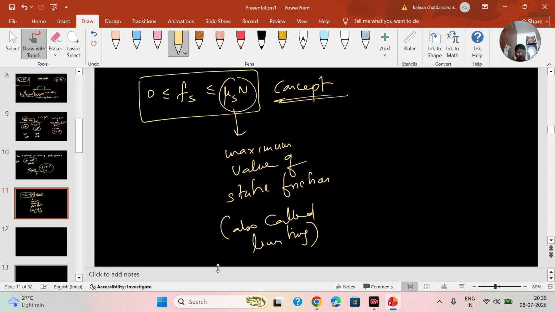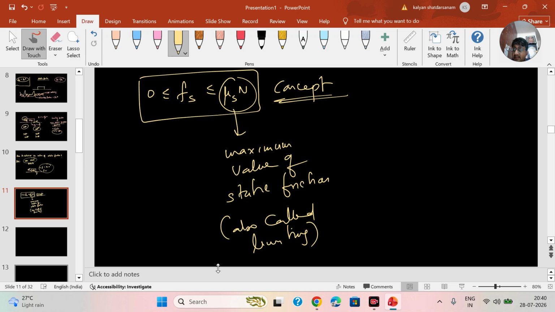Now, before I go any further, I want to ask you one question. Think about it and tell me. When I am walking on a rough surface, obviously I cannot walk on a smooth surface. My leg may move, but I won't be able to move. So when I'm walking on a rough surface, is it static friction or kinetic friction that is acting on me, between me and the floor? Point number one.